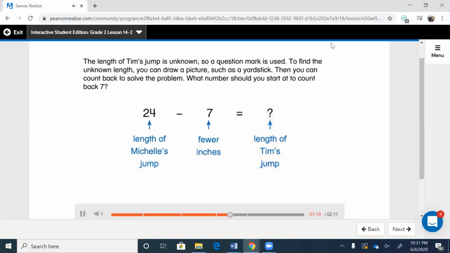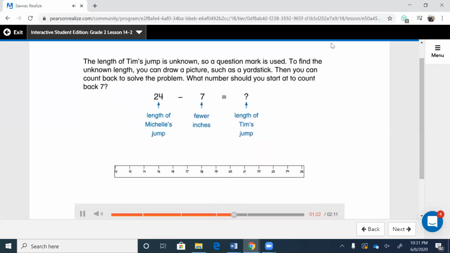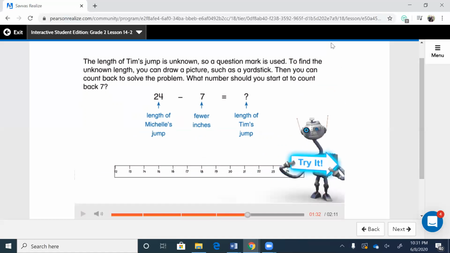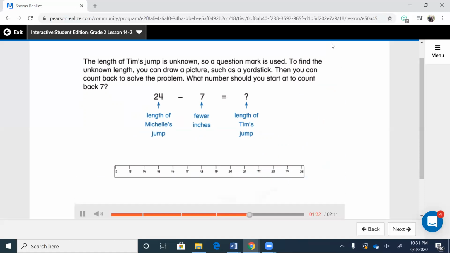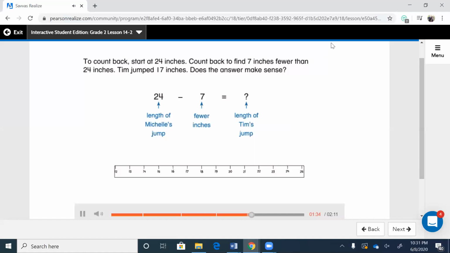To find the unknown length, you can draw a picture, such as a yardstick. Then you can count back to solve the problem. What number should you start at to count back 7? To count back, start at 24 inches.